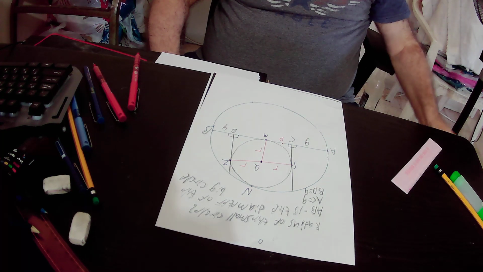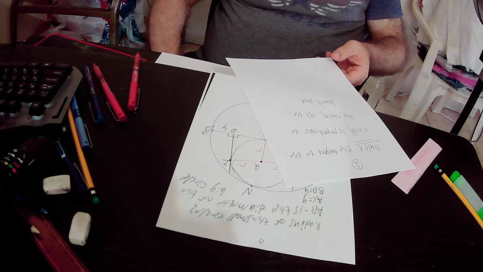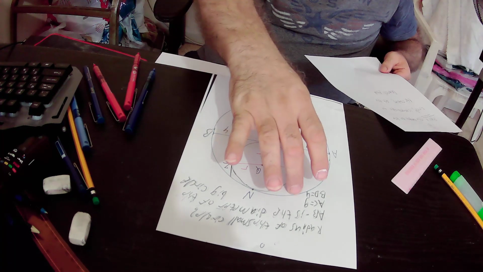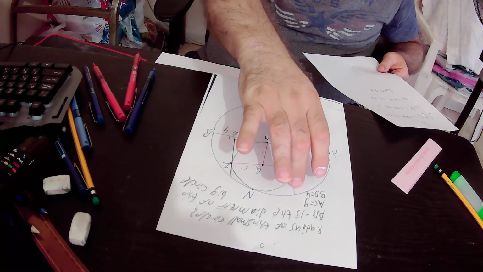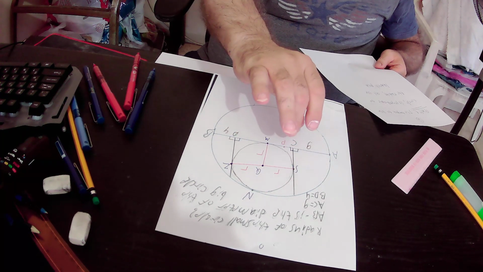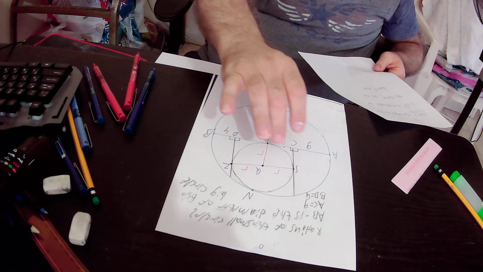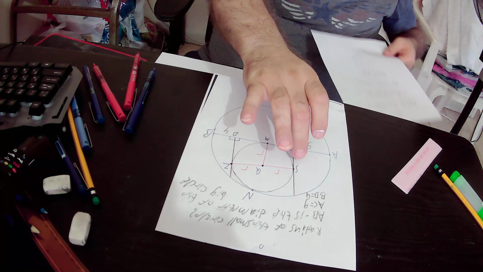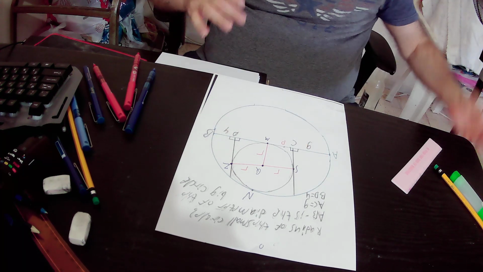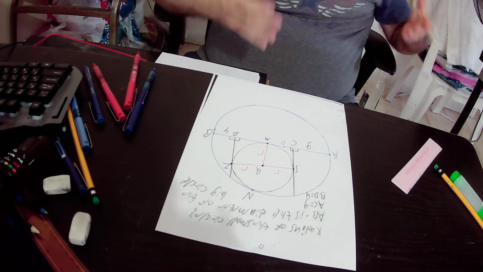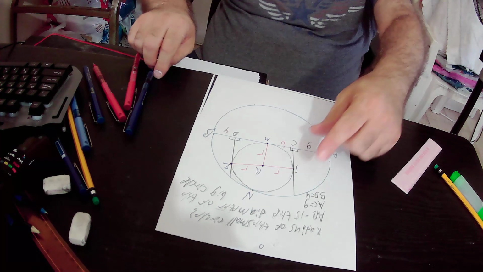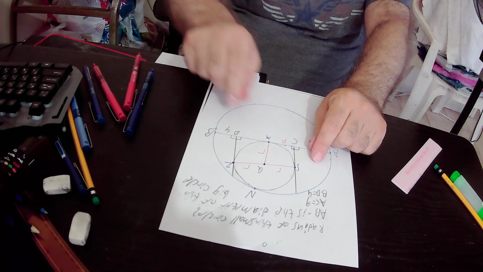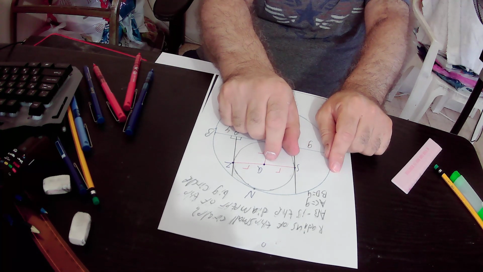And rule number 1 states that the tangent to the circle, that is to say this line segment, is perpendicular to the radius at the launch point. The launch point is point S, and according to rule number 1, the tangent, this line segment, is perpendicular to the radius at the launch point.